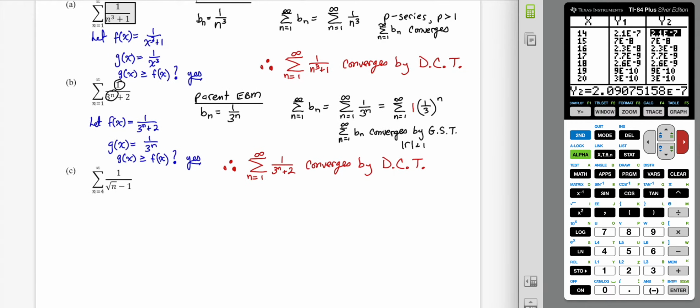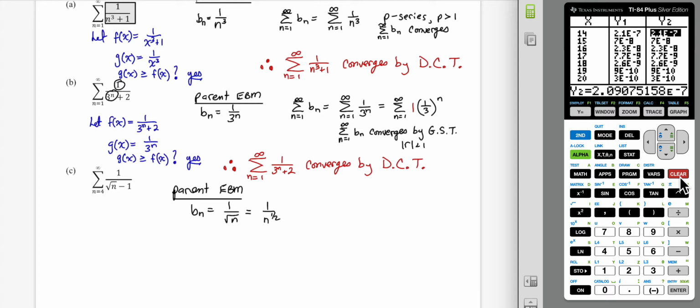All right, and so the last one, the p-series. So that's going to be b sub n is equal to 1 over radical n, but I'm going to write that as 1 over n to the 1/2 power.